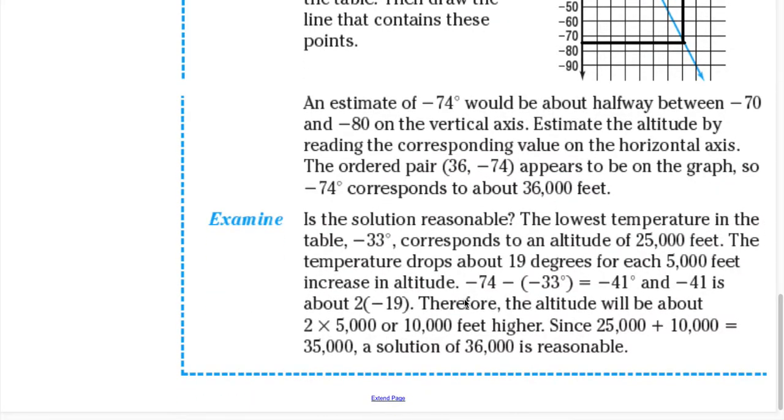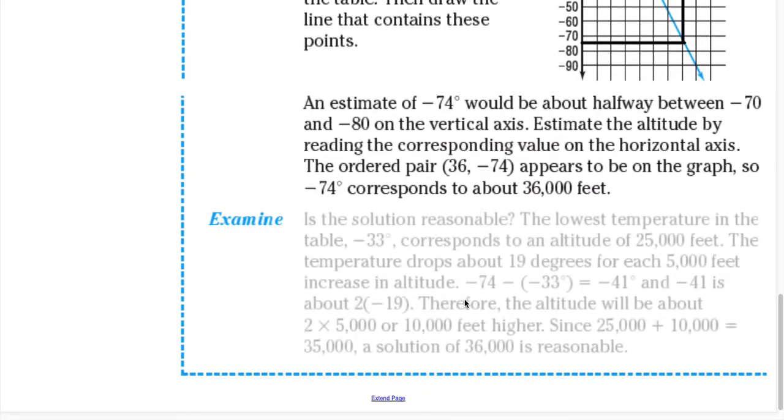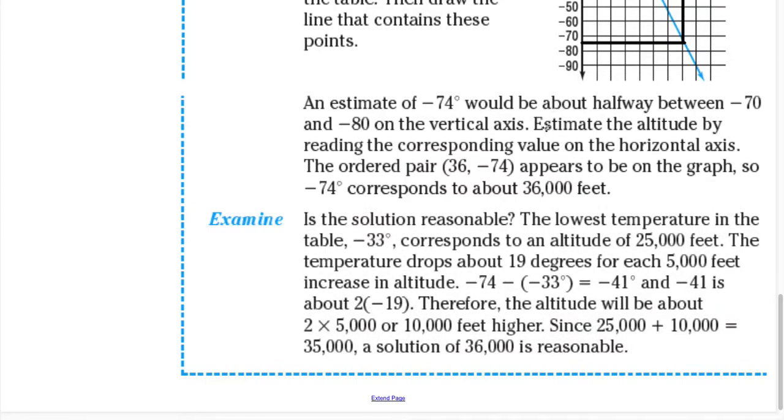How do we check this? Is the solution reasonable? The lowest temperature in the table is negative 33, which corresponds to an altitude of 25,000 feet. The temperature drops around 19 degrees for each 5,000 feet, because it drops at a constant rate.